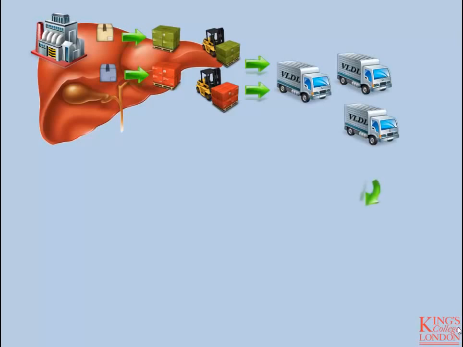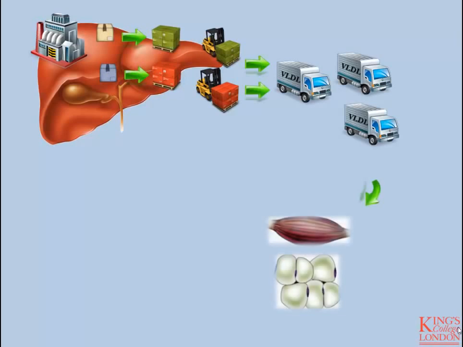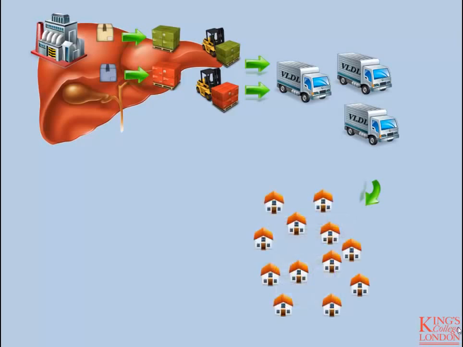So this occurs in a similar fashion to that which we described in the exogenous pathway, where these delivery trucks or lipoprotein particles are delivering the lipid to the various cells. Primarily in this case it's for energy use, not cholesterol transport.